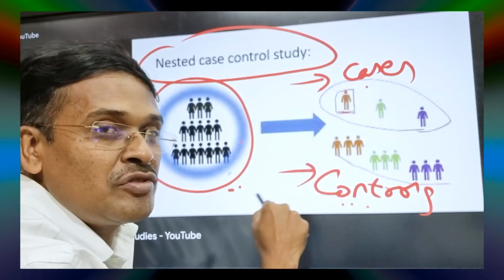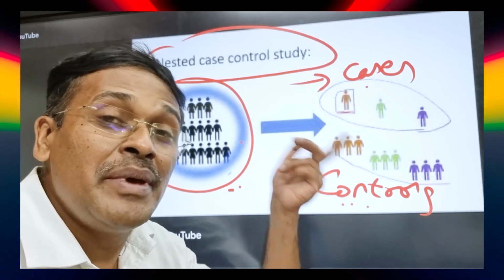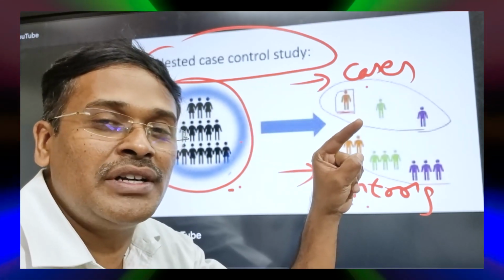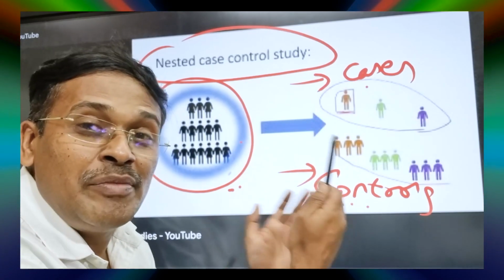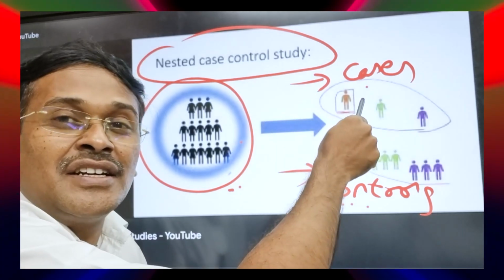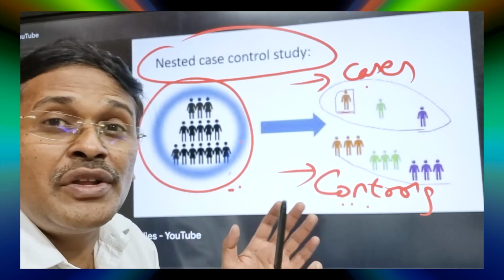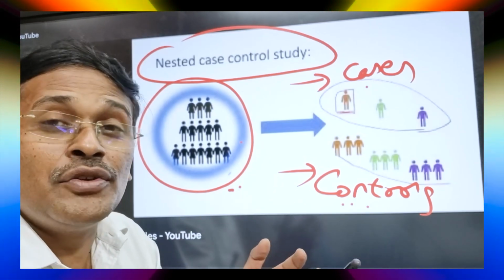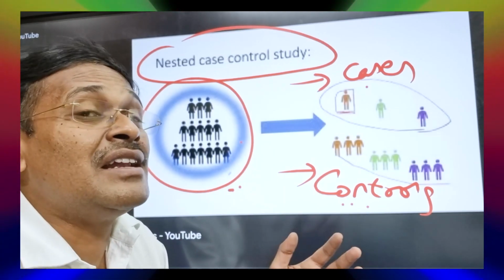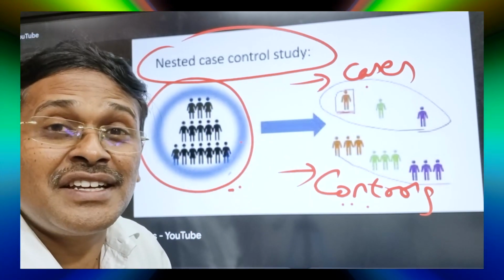So there will be certain criteria for selecting the controls, which will be absent in the case cohort design. That is why it is a nested case control study. And the advantage is this is also inexpensive. We are using cohort data in a very useful manner, and also the analysis is not so complicated like a case cohort design. So this is a nested case control study.